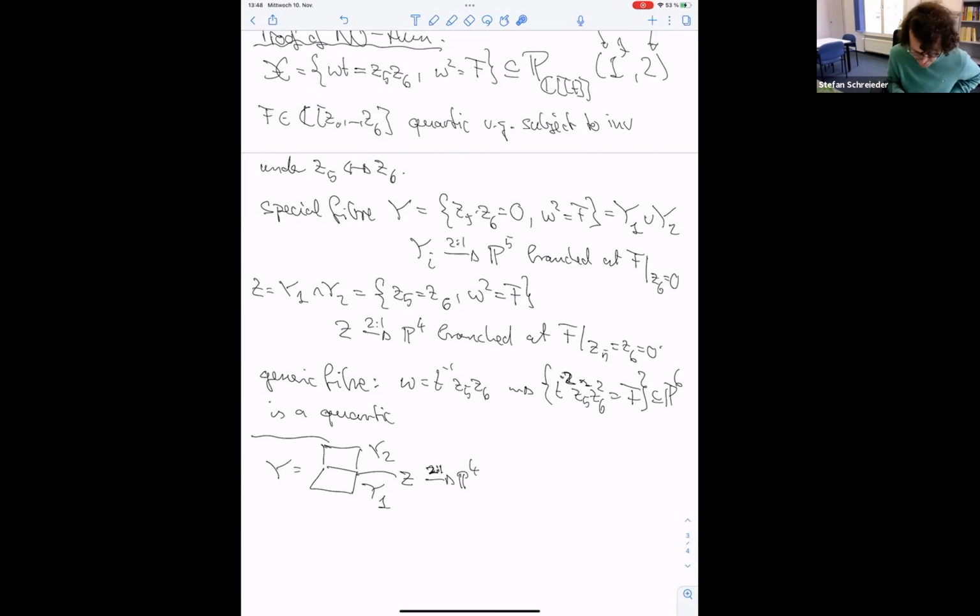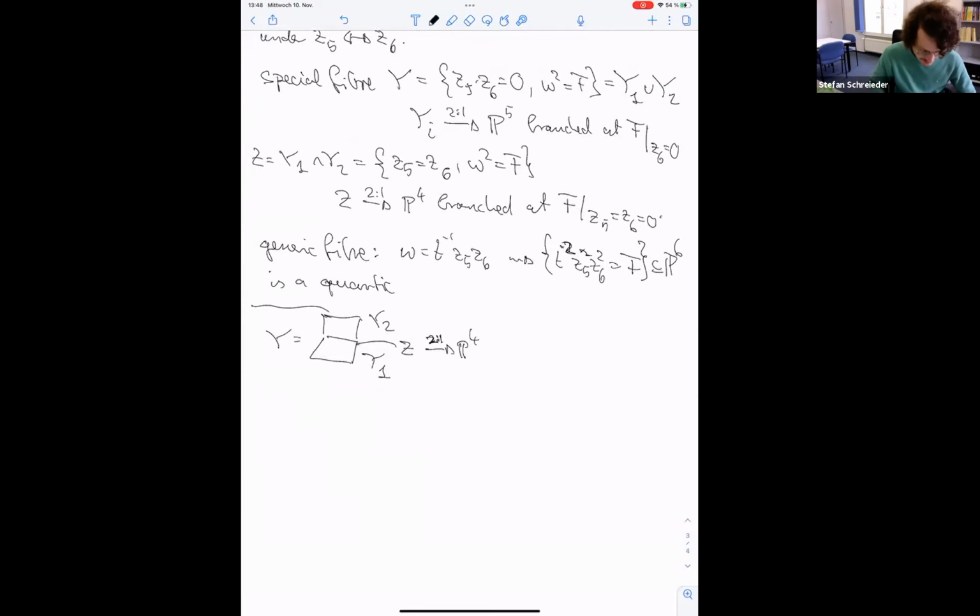But the generic fiber, yes, this is smooth because F was just a polynomial in Z1 to Z6 up to the symmetry. It's completely general. So if I add this monomial to it or subtract it, it's still a very general polynomial, symmetric in Z5 and Z6, and this gives a very general hypersurface of degree 4 in P6 up to the symmetry in Z5 and Z6.